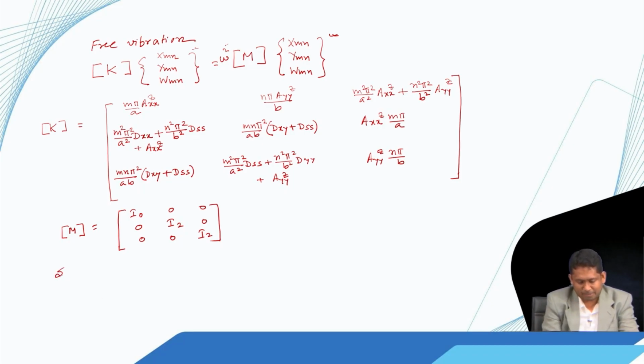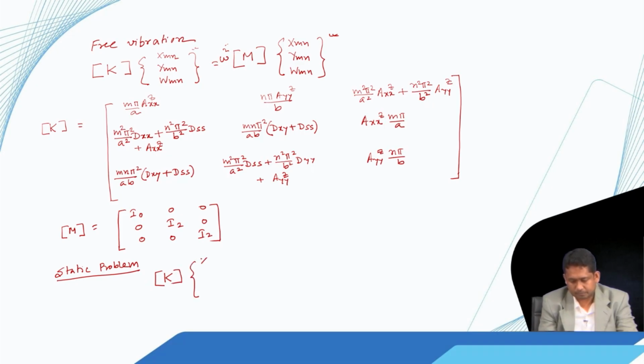Now, for the static problem, we do not have the inertia terms, and here we have the QMN term coming into the picture. So, in that case we have XMN, YMN and WMN, and then on the right hand side we have 0, 0, QMN.